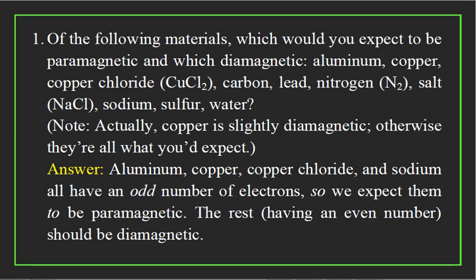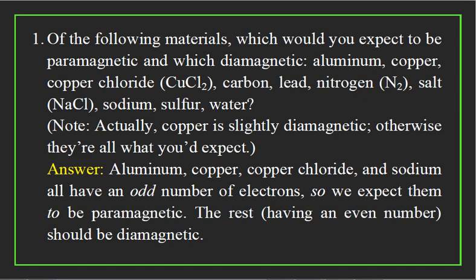The general rule here is that materials containing an odd number of electrons are expected to be paramagnetic because they will have a non-zero spin magnetic moment. And elements, molecules or compounds with an even number of electrons are expected to be diamagnetic.